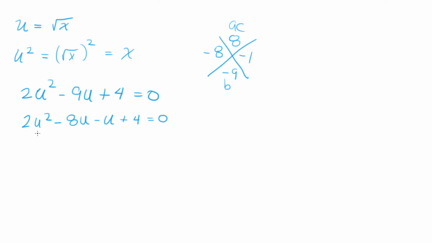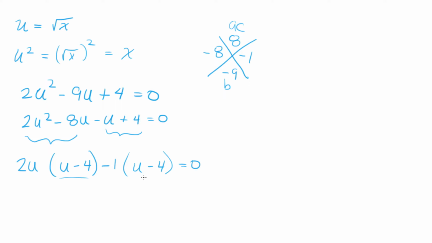Now, we factor the first two, we factor the last two. What can we factor between 2u squared minus 8u? Well, 2u. And you get u minus 4. What can you factor with negative u plus 4? Negative 1. That will give you u minus 4.